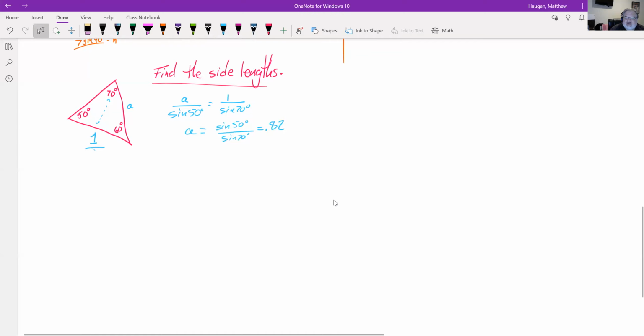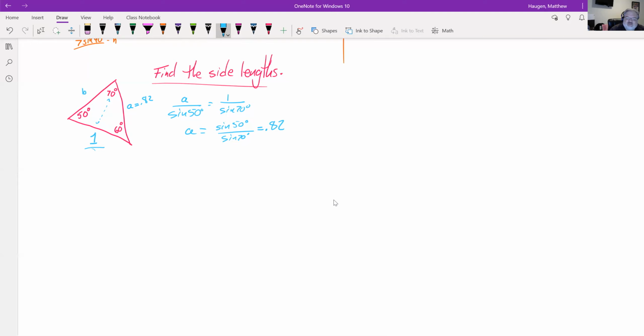So whatever this side length is, this side length will be 82% of that. So, if this was 12 feet, then this side length would be 82% of that 12 feet. If this was 194 centimeters, this side would be 82% of that 194 centimeters.